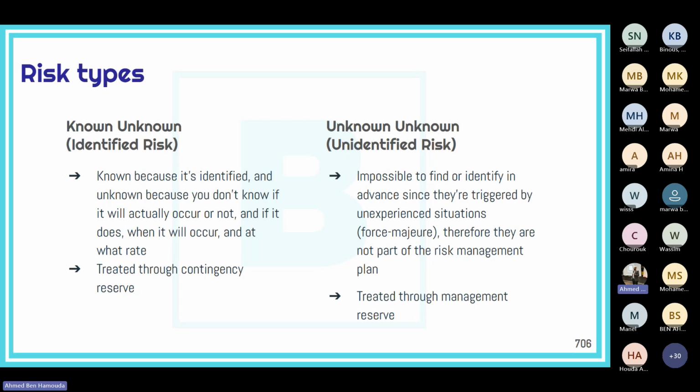Unknown unknowns, those are unidentified risks. So they are unknown because they are unidentified, and they are the second unknown because we don't know if they will happen or not. So usually these are events which are impossible to find or identify in advance, because usually they are triggered by some unexperienced situations, which sometimes we call force majeure or act of God, such as natural disasters or some civil unrest or some pandemic, etc. Therefore, they're not part of the risk management plan, which means they have not been identified.